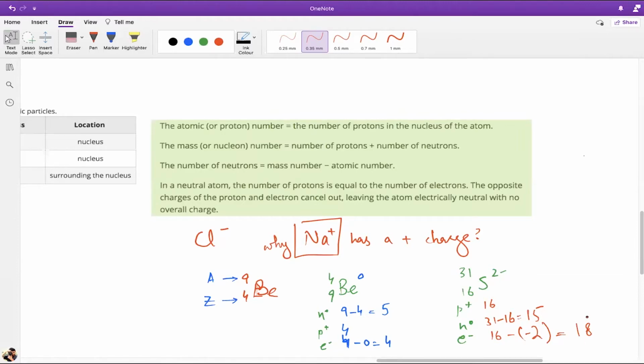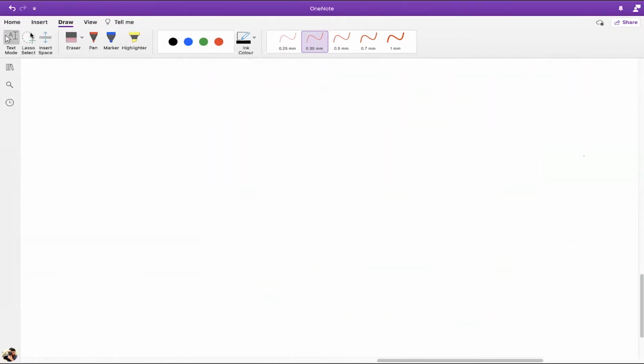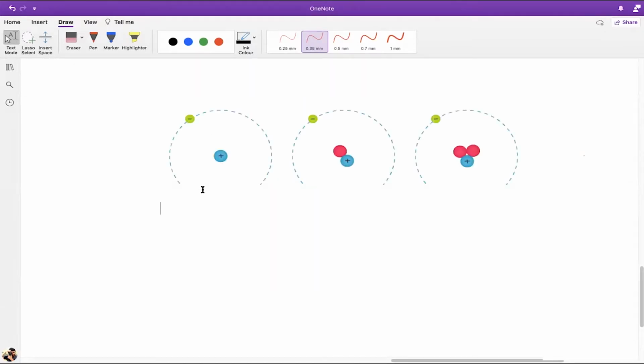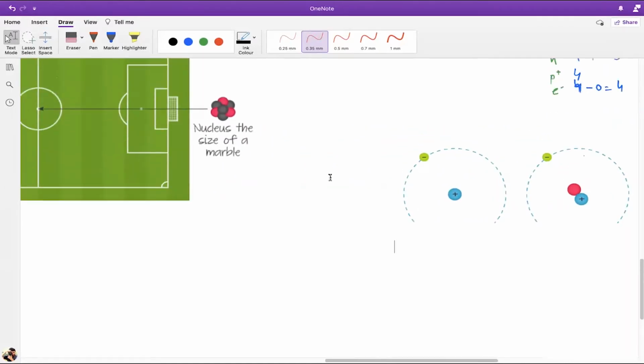And here's the thing. Sometimes you get some particles which have the same number of protons. Like some of these numbers may be the same. For example, you can have what we call isotopes. So here's some isotopes that I want to share with you. This is the simplest of the isotopes that we have found so far. As you can see, I'm using the same symbols as before.